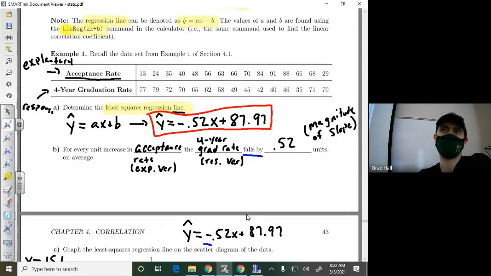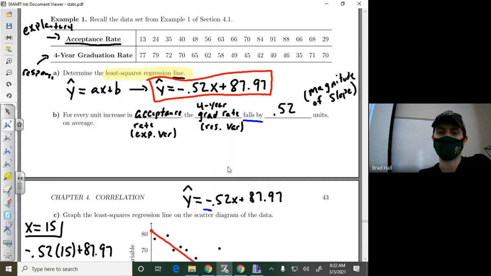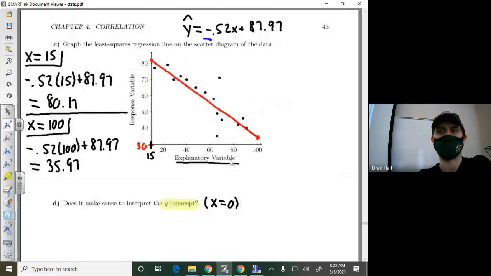So the way we're thinking about that is, should we consider a school that has an acceptance rate of 0%? And that does not make any sense.